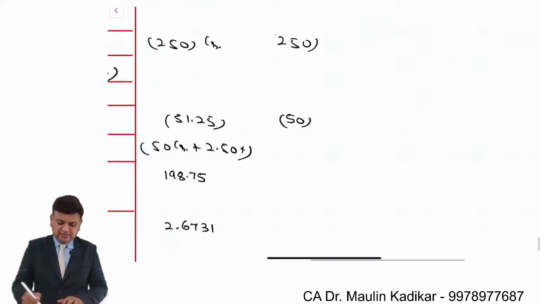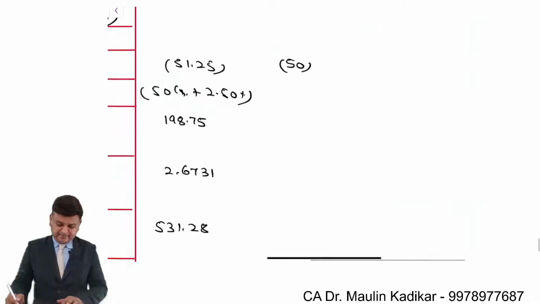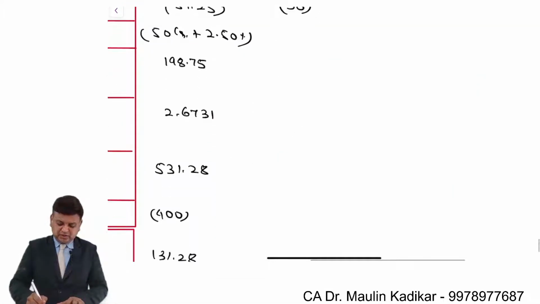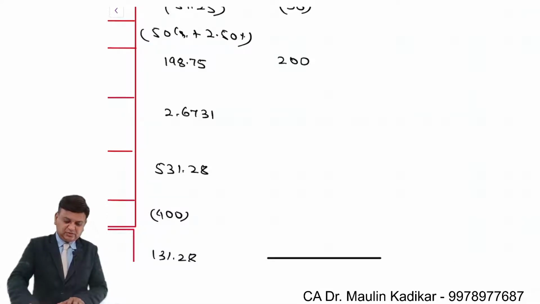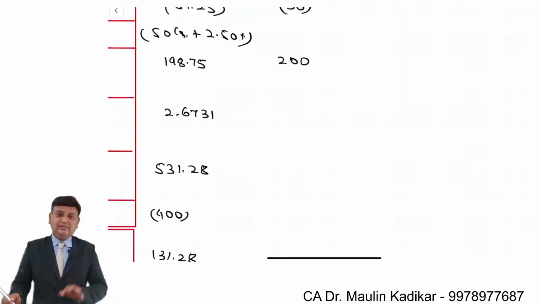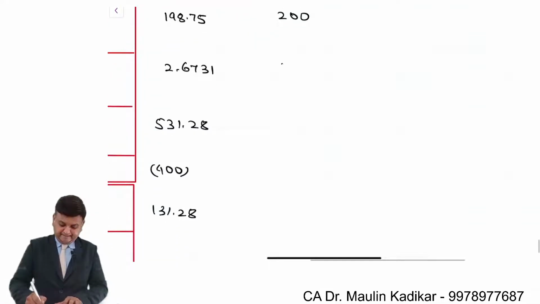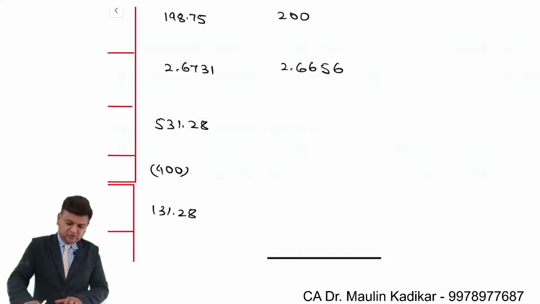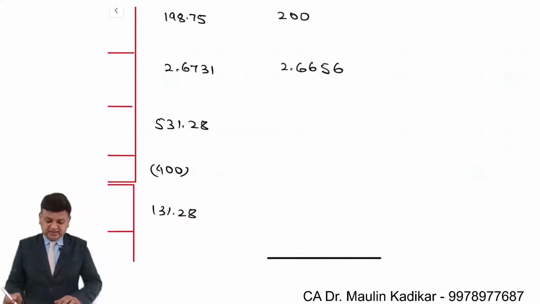This is going to be 50 crore. So this is 200 crore. 1 divided by 1.0615. 1, 2, 3. 3 years factor summation is 2.6656. 2.6656 into 200, 533.12.